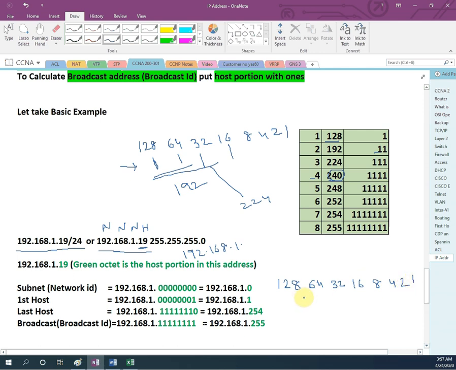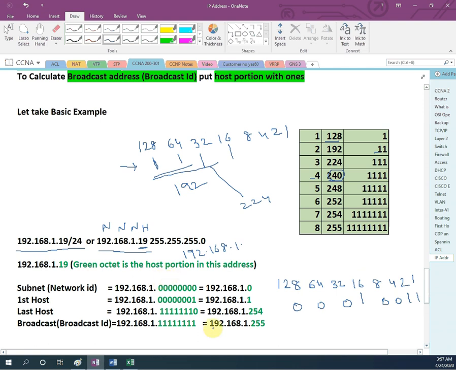So how are we getting 19? This is 1 and this is 1, this is 1, and this is 0. How? 16 plus 2 is 18, plus 1 is 19, and the remaining are 0, 0, 0. So this is 19.